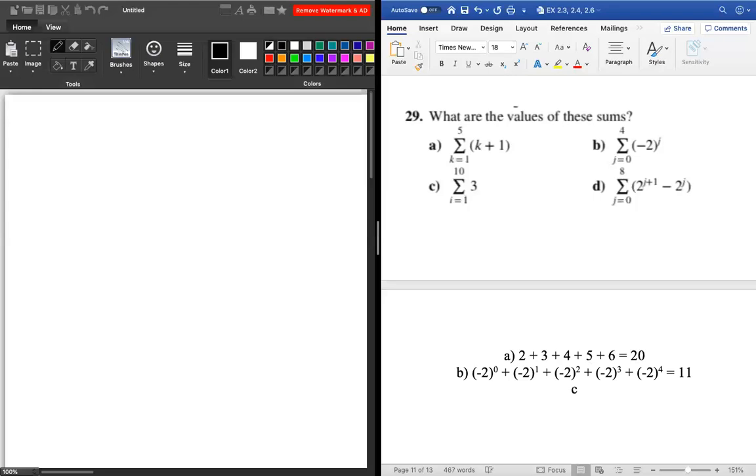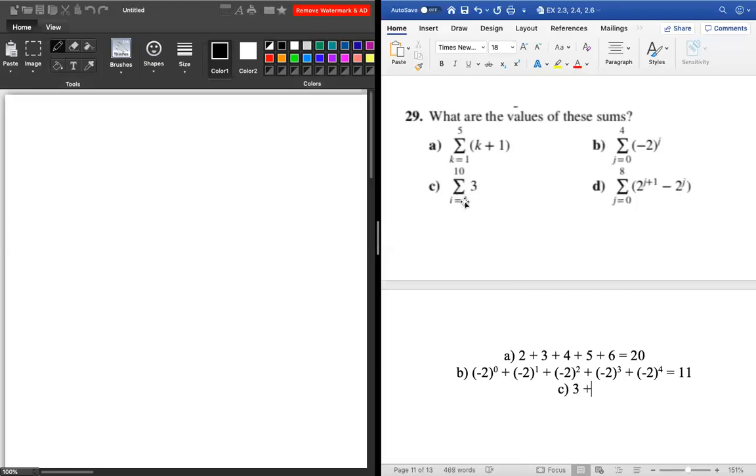Part number C here. We have this 3, and then we have this variable i equals to 1, and it's going up to 10, okay? Because we don't have any variable inside this equation which we are summing over, when i equals to 1, we will say 3.